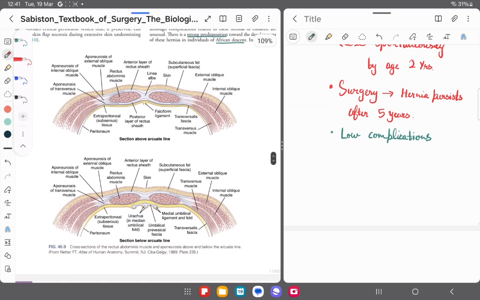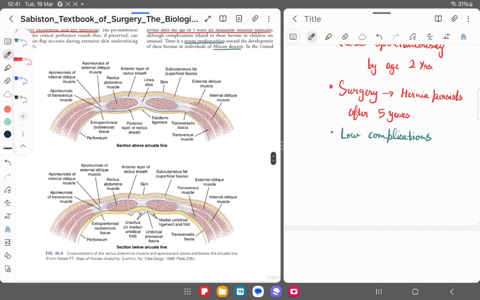This is the diagram of the cross section of the rectus abdominis muscle and aponeurosis above and below the arcuate line. We can clearly see the anterior layer of rectus sheath, the posterior layer of rectus sheath, and the linea alba. This is the external oblique, internal oblique, transversus abdominis. Internal oblique splits to form the anterior layer of rectus sheath as well as the posterior layer of rectus sheath above the arcuate line.